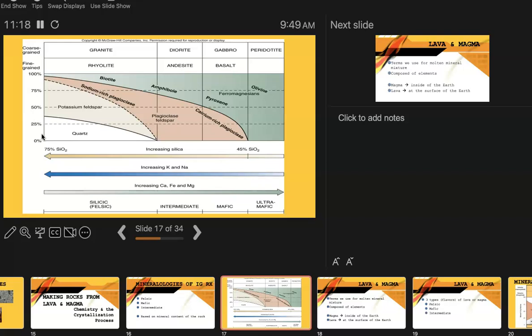It was interesting, to say the least. Far from my field. So they totally get into all this stuff. So increasing sodium and potassium, okay, as we go towards silicic, increasing calcium, iron, and magnesium as we go towards mafic.